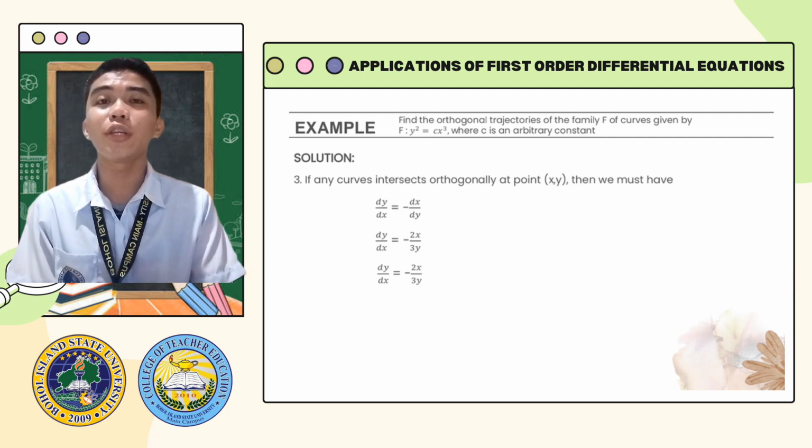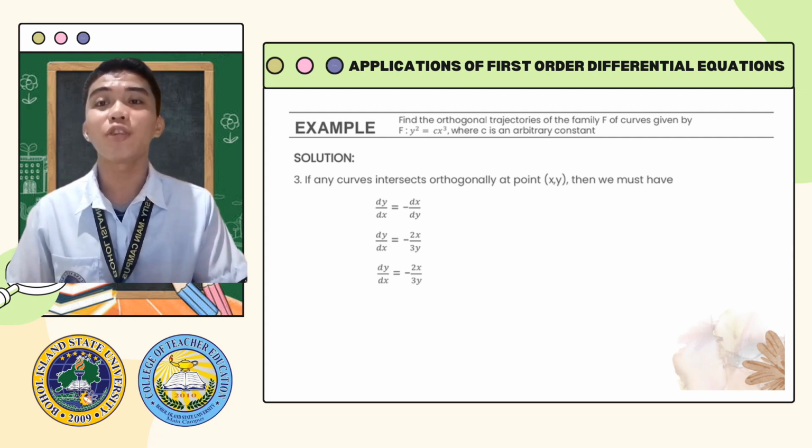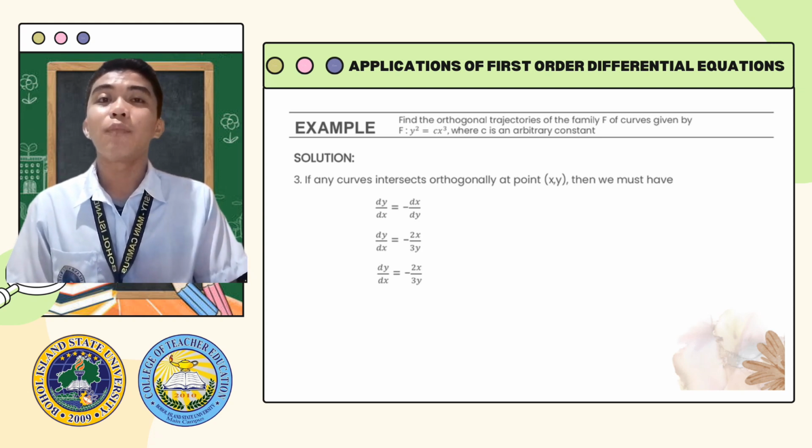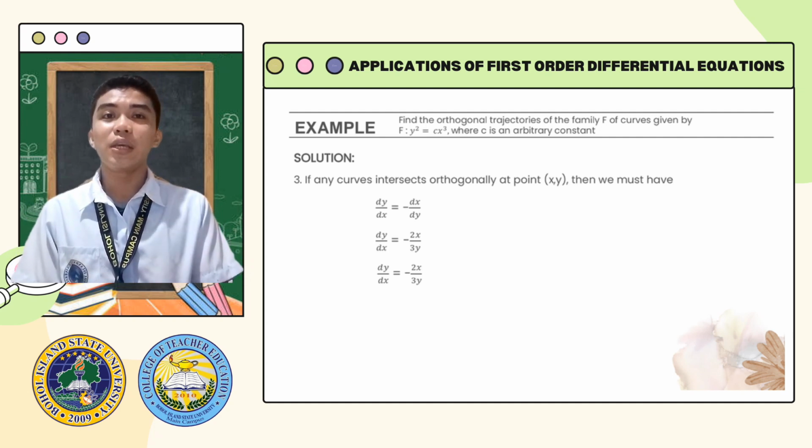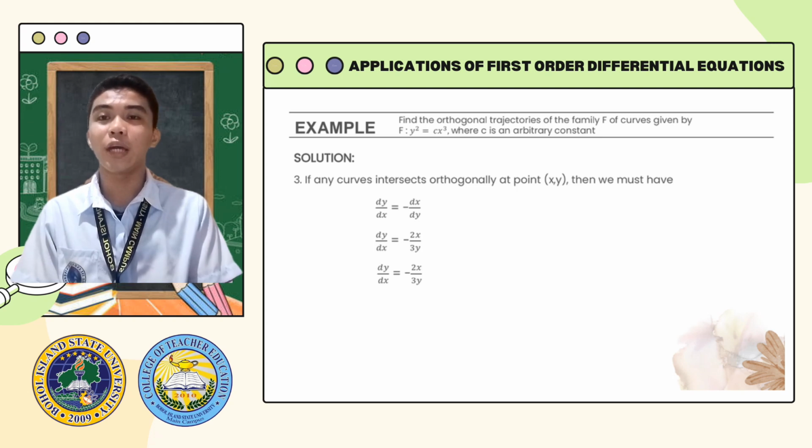Since we have already solved the value of dy over dx, which is 3y over 2x, just simplify the reciprocal of dy over dx. So we get dy over dx equals negative 2x over 3y, and that is the value of the negative reciprocal of dy over dx.